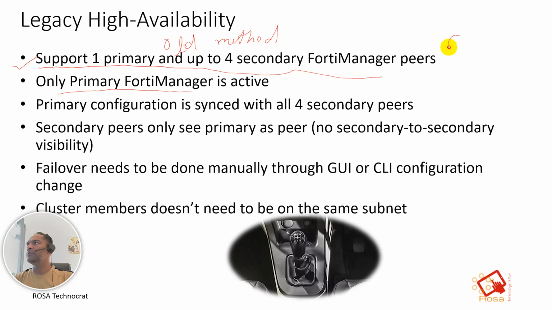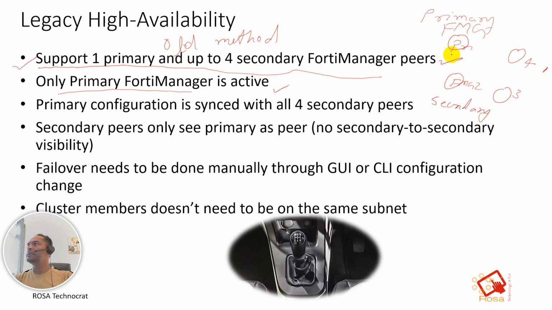So let's say if you have 4 different FMGs, one will be acting as the primary and the rest will all be acting as secondary FMGs. So these will all be secondary and this will be the primary.